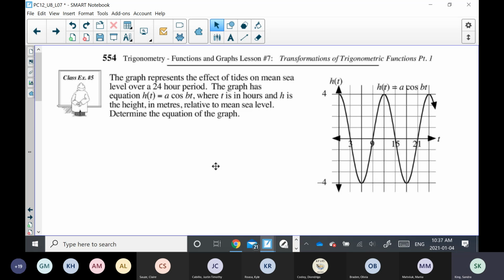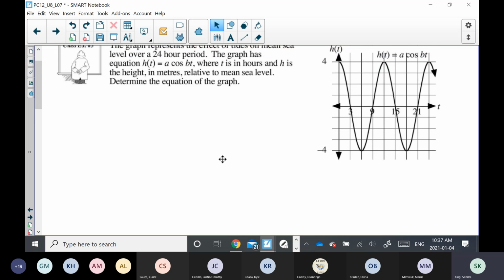And it's a cosine graph, it's telling us. Okay, so what's happening here, just to explain this. This is about tides in a harbor.